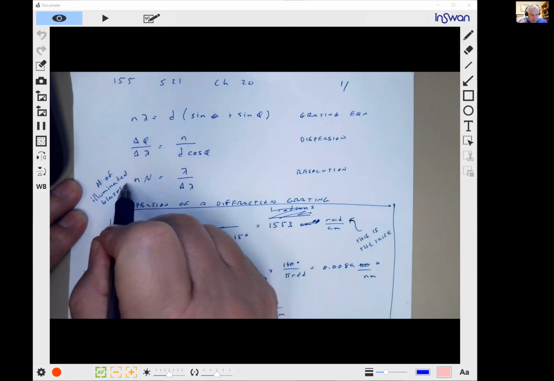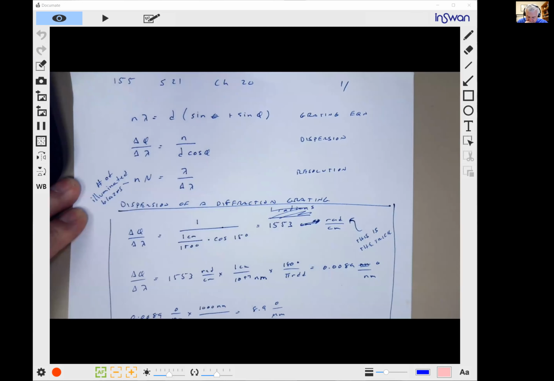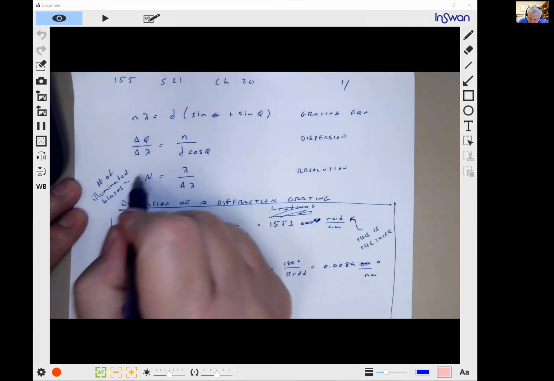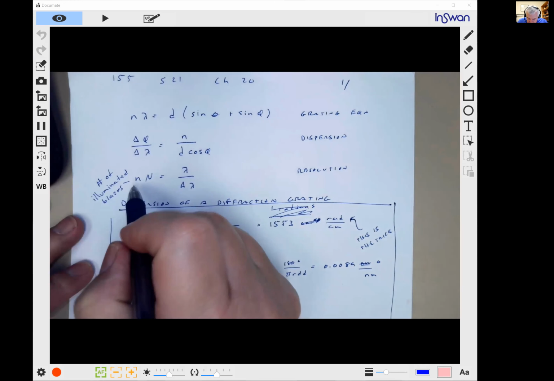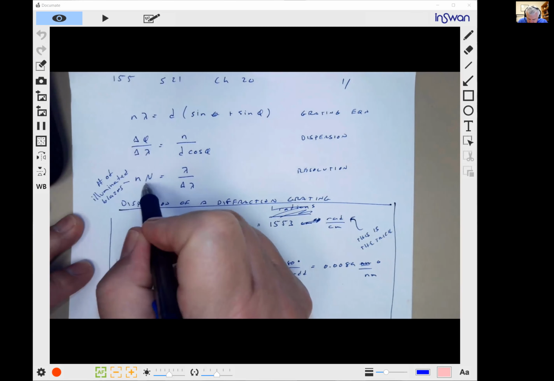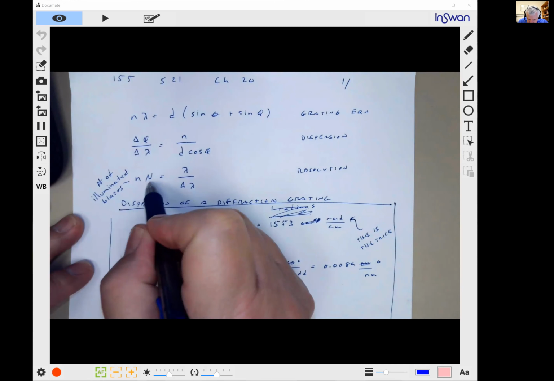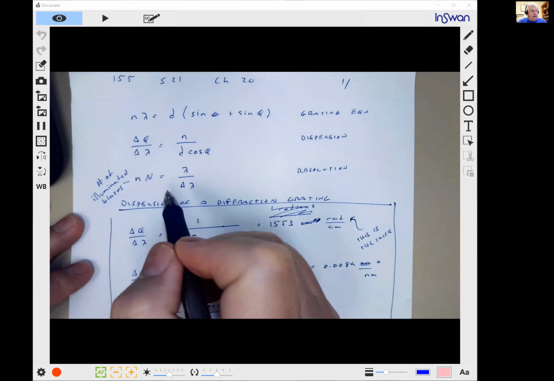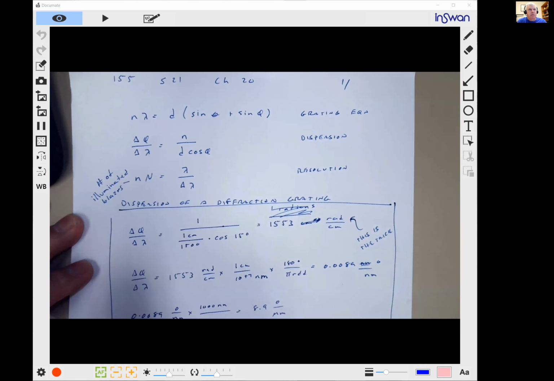So in this term, little n is the order, and big N is the number of blazes that are illuminated. That just means you can't do spectroscopy with just two slits. You need more.